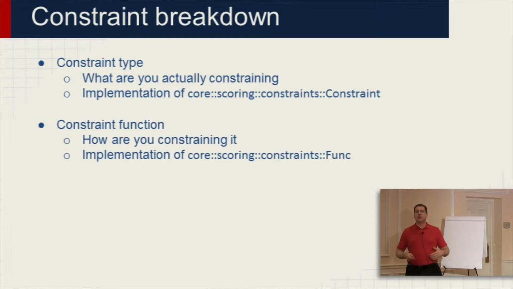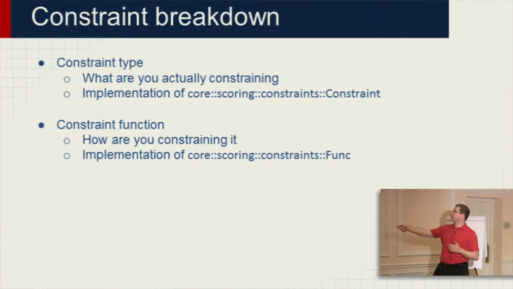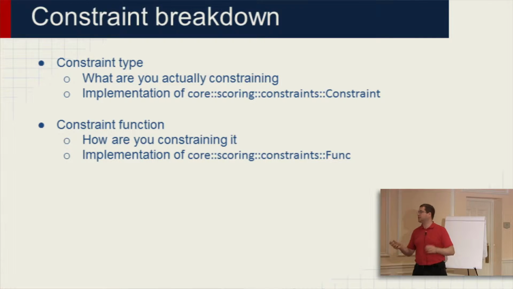All right, so for constraints in Rosetta, for flexibility's sake, we actually break constraints down into two separate portions. There's the constraint type, which is the geometric or other property of the pose that you're actually constraining. So this is the distance between two atoms. And on top of that, we put the constraint function, which is how you're constraining it. So how do you convert that distance between two atoms into an energy term?